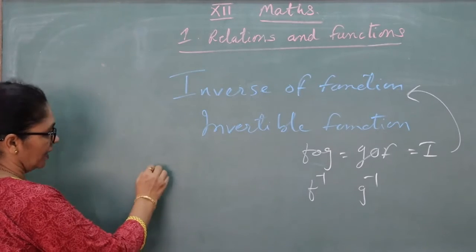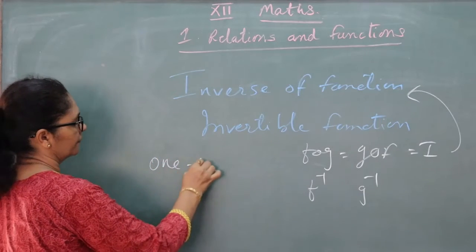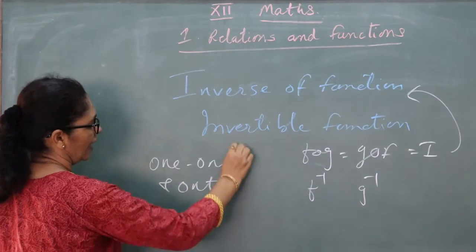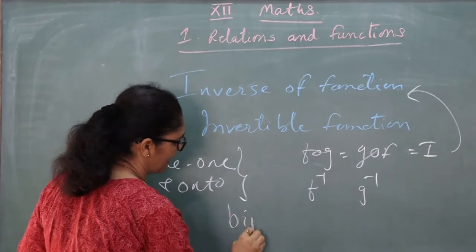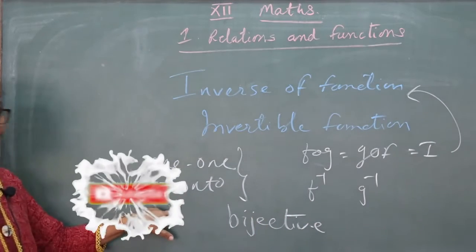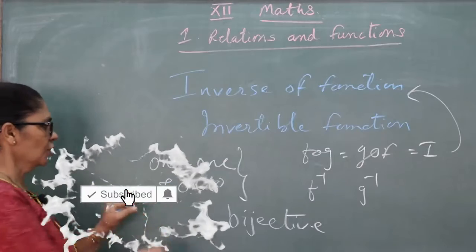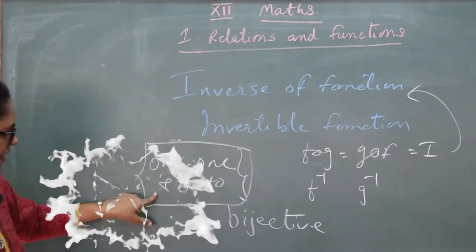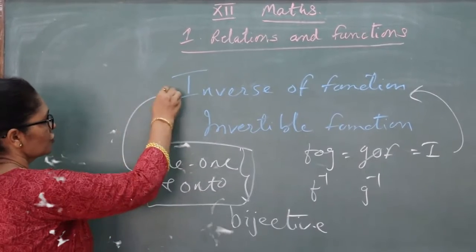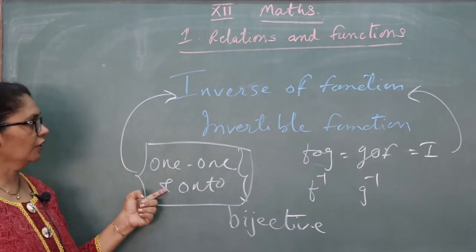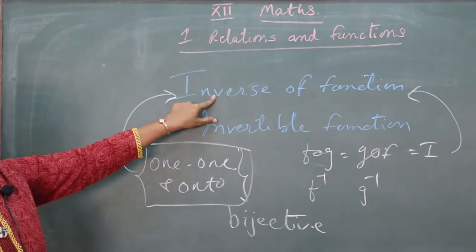But one more thing: if a function is 1-1 and onto, that means if the function is bijective, then only its inverse will exist. So what is the condition for existence of an inverse? The function should be 1-1 and onto. If a function is not 1-1 and onto, we cannot find the inverse of it.